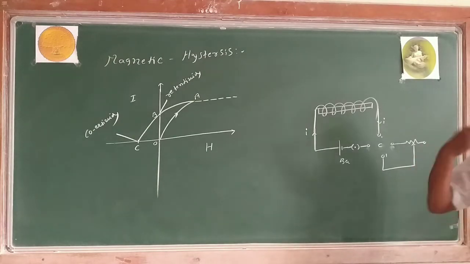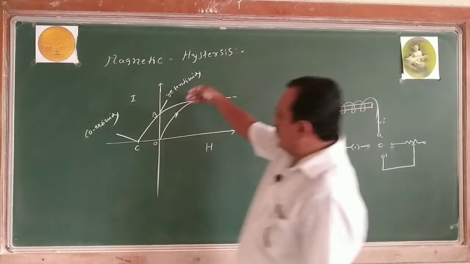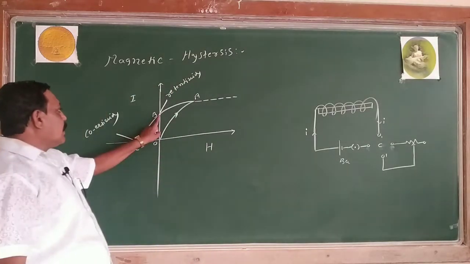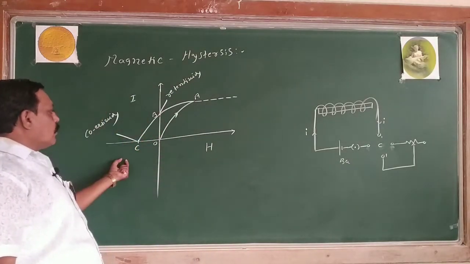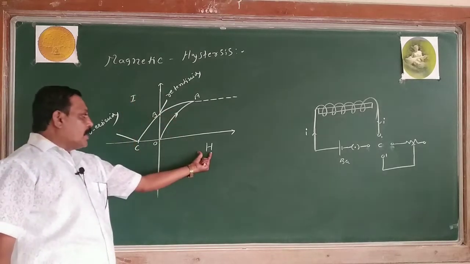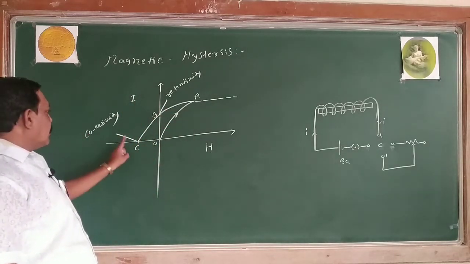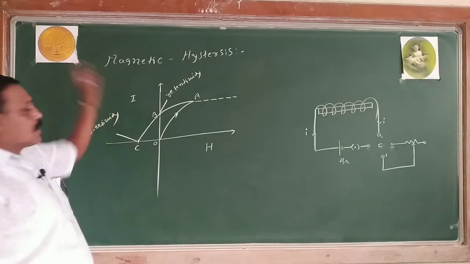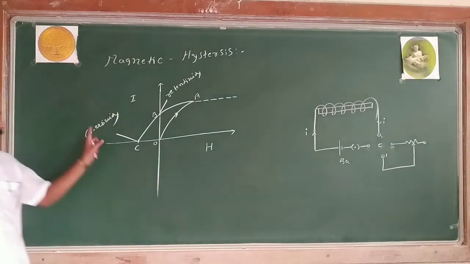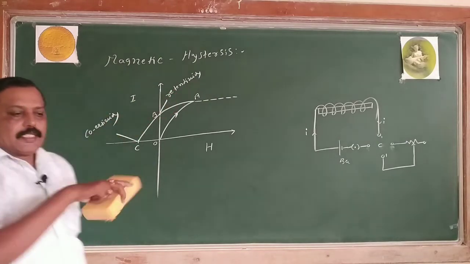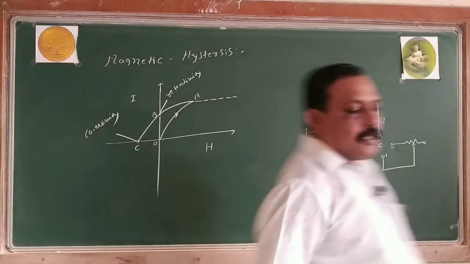Whatever residual magnetism is left in the material should be made 0 by applying the magnetizing field in the opposite direction, and this is called coercivity. These two terms play a very important role while selecting materials for making permanent magnets and electromagnets.